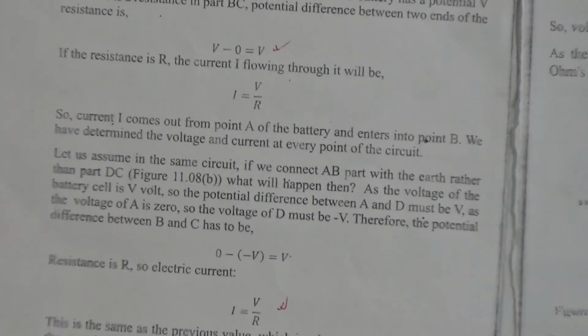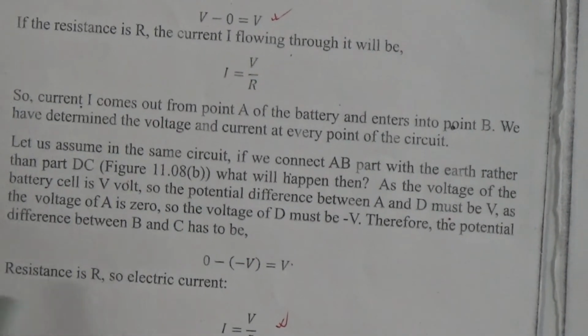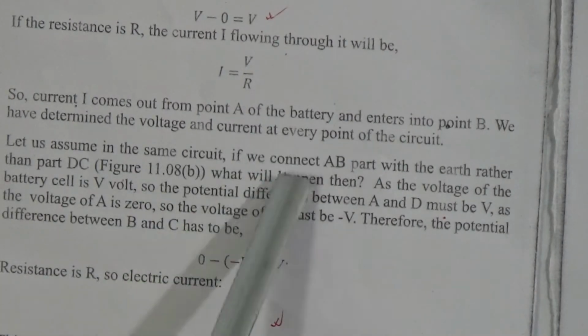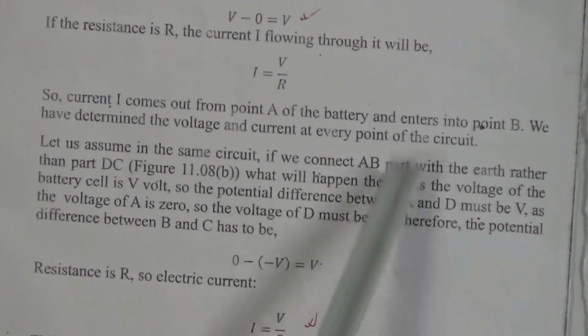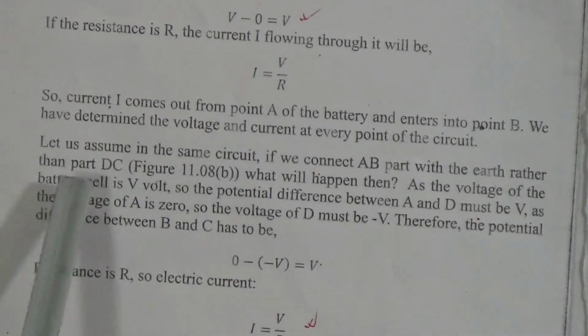Now let us assume in the same circuit, if we connect part AB with the earth rather than part DC, then what will happen?